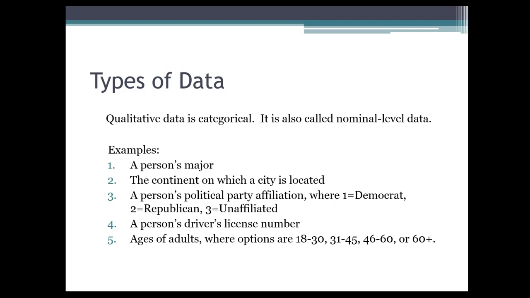Beware though, because sometimes things might look numeric when they're actually categorical. So like number 3 here, a person's political party affiliation. We'll see this a lot in SPSS.